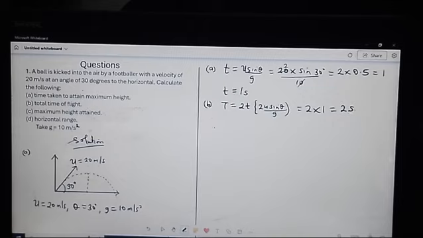Then for the maximum height, we express our formula, which is u squared sine squared theta over 2g. U is 20.